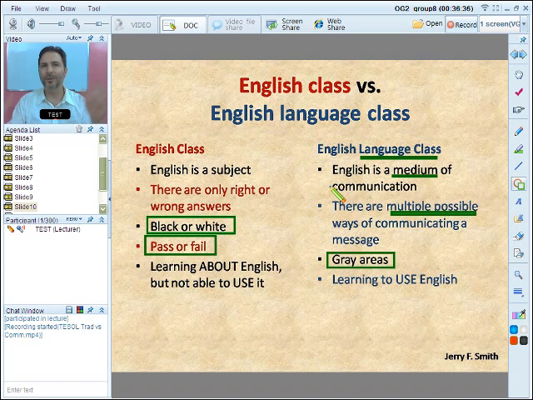In an English language class, we want to encourage confidence in our learners. We're not just learning about it, we're learning how to use it. So think about that the next time you're in class. Are you teaching an English class or are you teaching an English language class? That's something to think about.